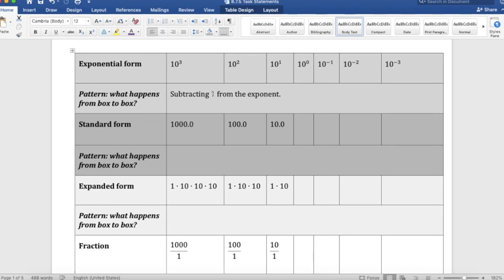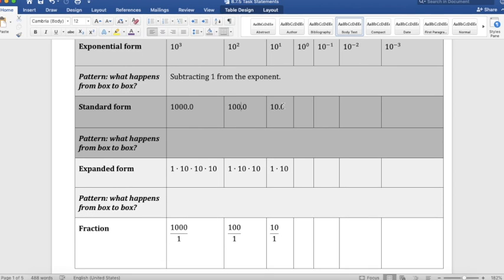When we look at the standard form box, what's happening as we go from cell to cell? Well, 1,000 to 100. How do I get to 100 from 1,000? Well, I can move the decimal point over, or I'm really dividing by 10. Because 1,000 divided by 10 is 100. 100 divided by 10 is 10.